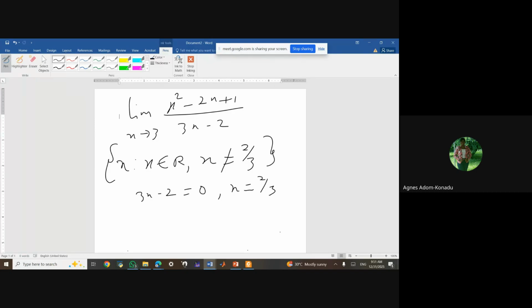So our domain is x such that x belongs to all real numbers from negative infinity to positive infinity, except 2 over 3.